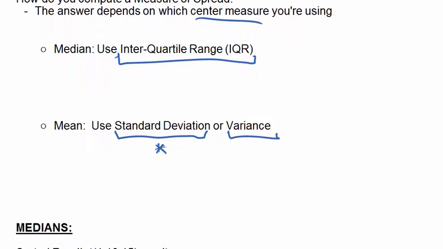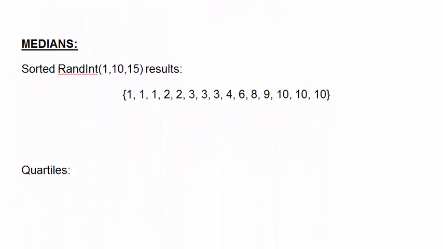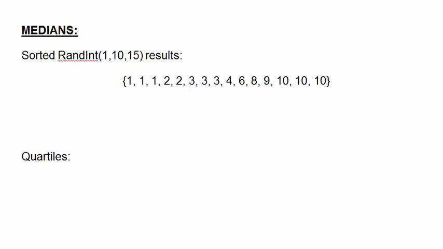By far the easiest to use are with medians. And so if we've got a median, I ran a randInt from 1 to 10, 15 numbers, and I went on ahead and put them into numerical order. So we know about the median. The median for a set of 15 is the 8th data point, so 3, 6, 7, 8. That particular 3 is my median.